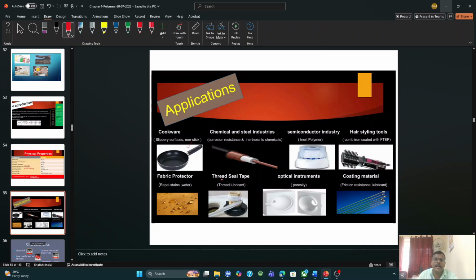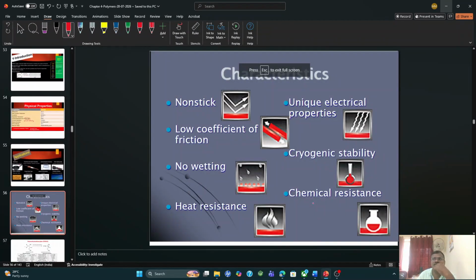Okay, and this one Teflon tabs, coating materials are all nothing but high resistance, highly rigid Teflon materials. These are all other important properties of a Teflon non-stick: unique electrical properties, low coefficient of friction, cryogenic stability, no wetting, chemical resistance, heat resistance.